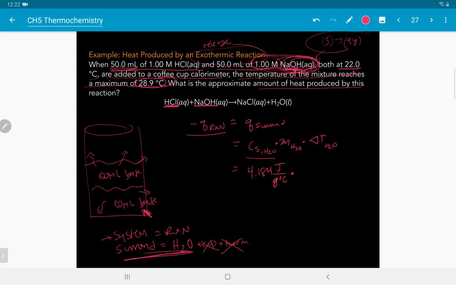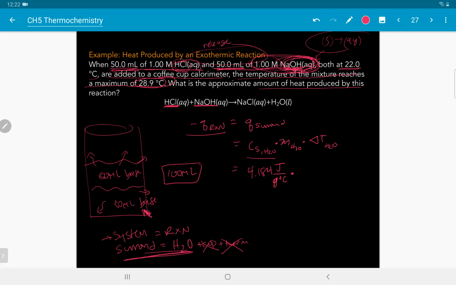The mass of water, how much water do we have? We mix 50 milliliters of aqueous hydrochloric acid with 50 milliliters of aqueous sodium hydroxide. Like I just said, the majority of those solutions is only water. It has a few molecules of HCl, but it's mostly water. So in total, we have 100 milliliters of water. We have to assume that.